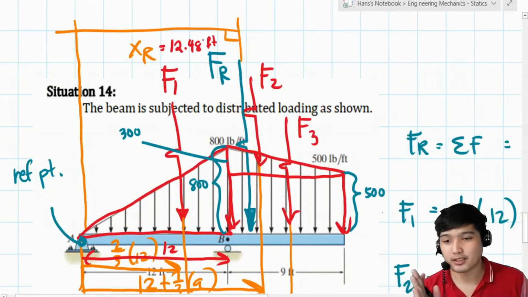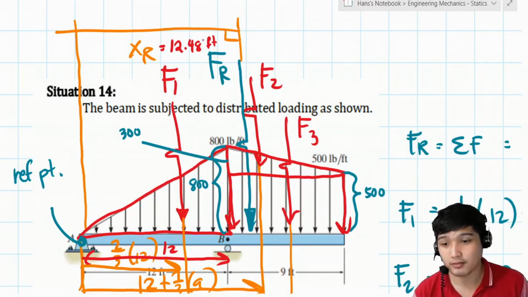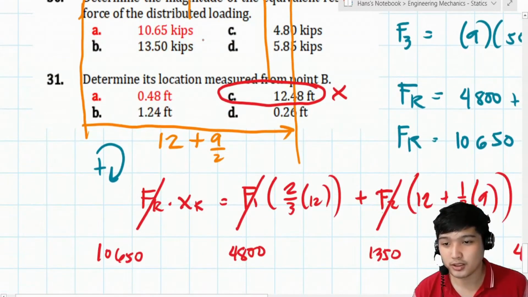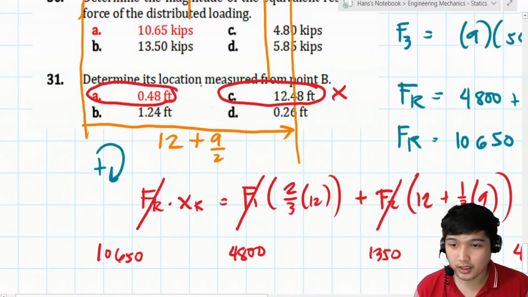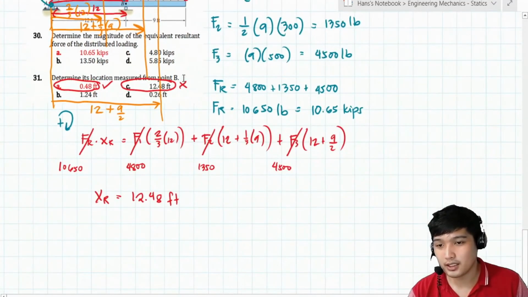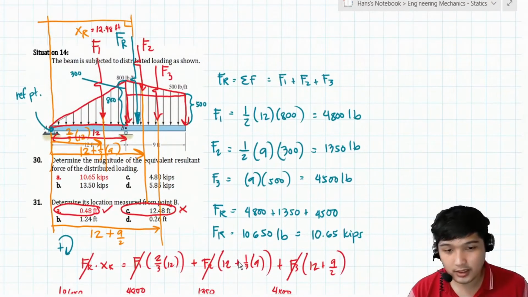So, tama nga, nasa right siya ng B. So, to solve its distance from B, edit 12.48 minus 12. O, hindi ko nasusulat yan, class, dahil ang tamang sagot ay A. 0.48. So, this one is our correct answer. Okay, so gets.